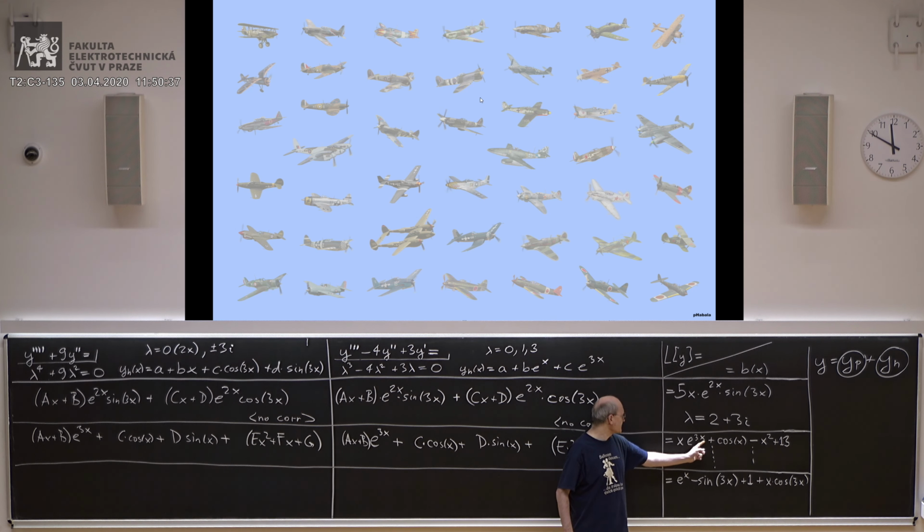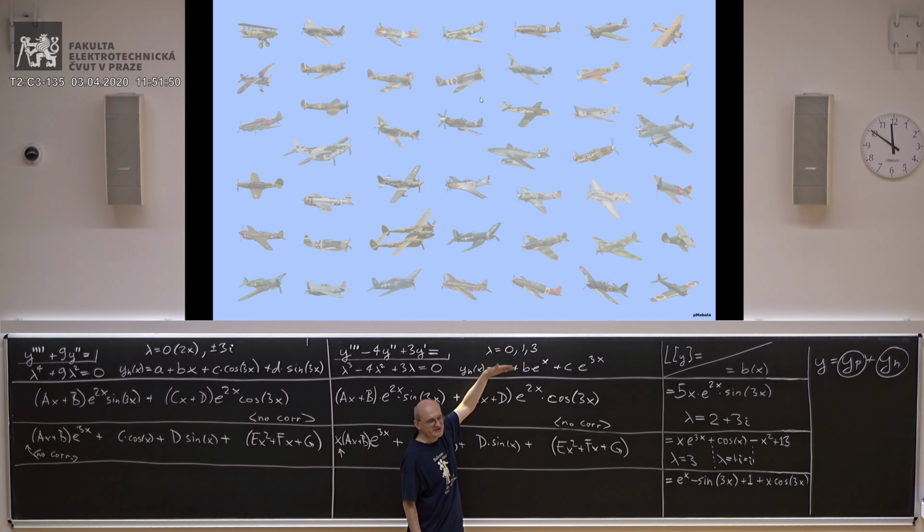Okay, let's have a look at the second group. Cosine. Do I see cosine here? No. How about lambdas? This is actually cosine 1 times x. Lambda is 1 times i, which is just i. Lambda equal to i doesn't have any match, any overlap with characteristic numbers from the left-hand side. So there is no correction here.